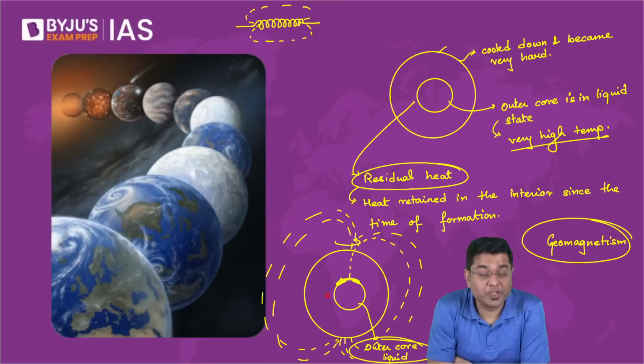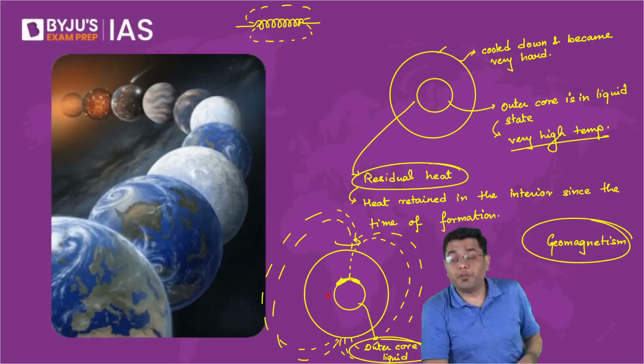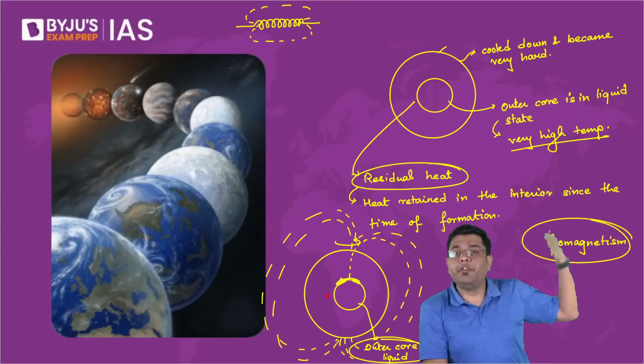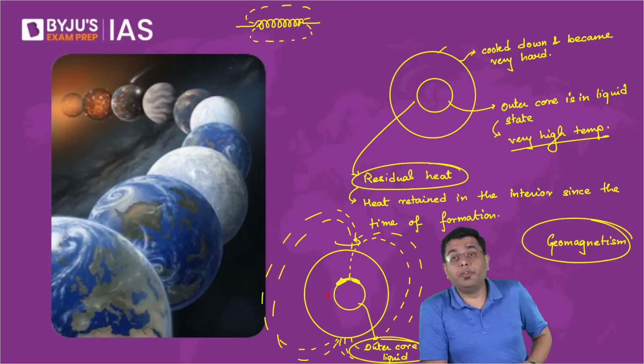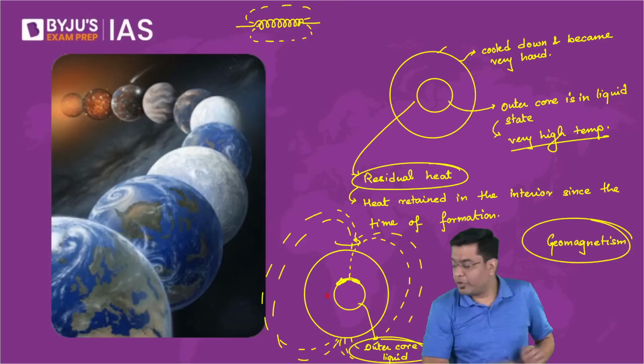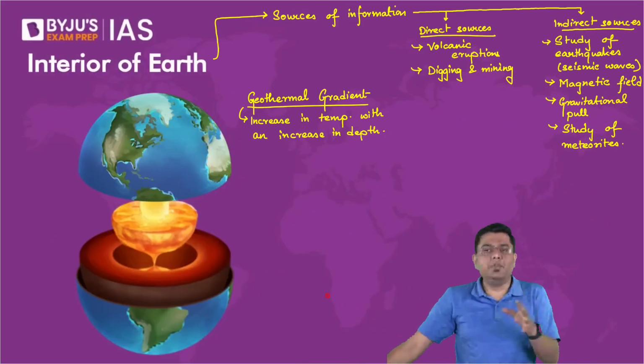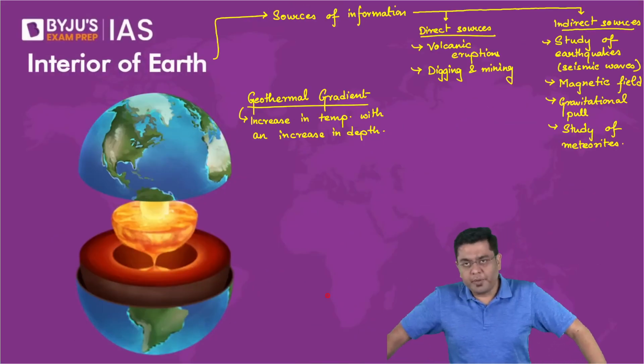UPSC has asked another question from this area: that the atmosphere of the present day has been consistent since the time of its formation. But if you know that there was a phase of degasification, and a phase of torrential rainfall, you would be very well aware that the atmosphere has also undergone drastic changes. So that is how these are considered to be the indirect sources of information.